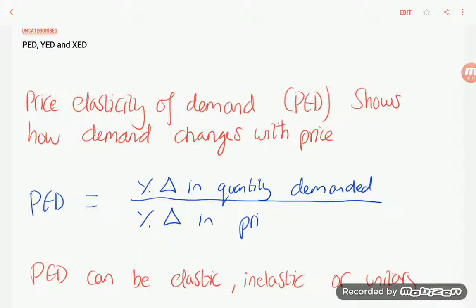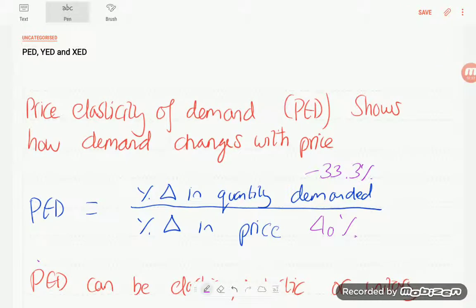So the answer would come out roughly about minus 0.8. But the price elasticity of demand, in spite of being negative, we ignore the sign. So we usually scrub out the negative. So I'll just show you an example on the screen now for that point. If there was a fall in the quantity demanded of minus 33.3% and the price increased by 40%, our answer would be minus 0.83.